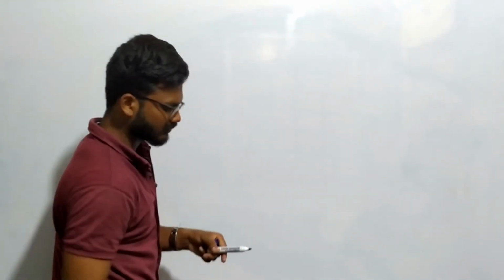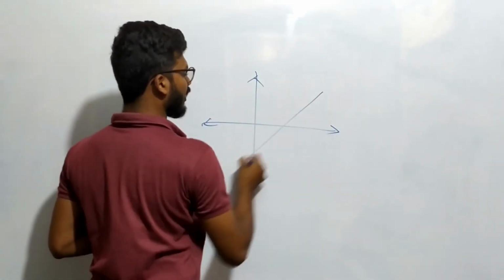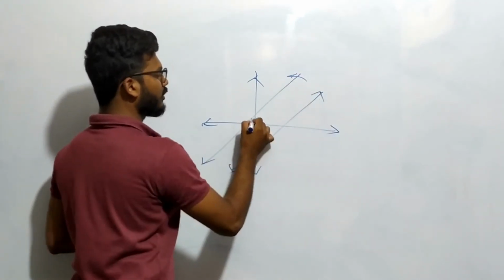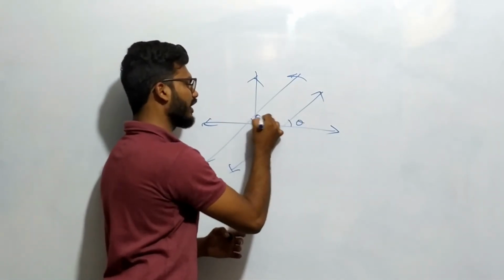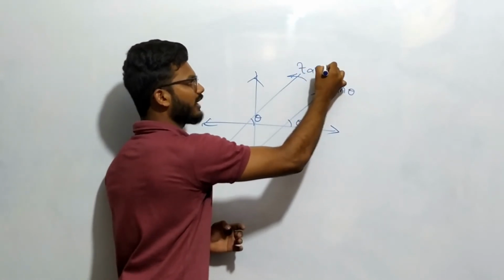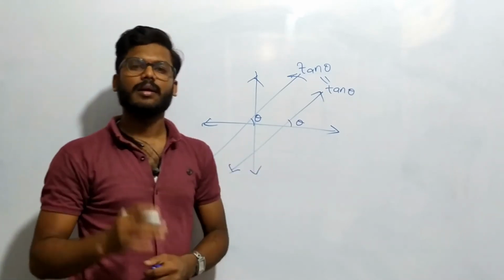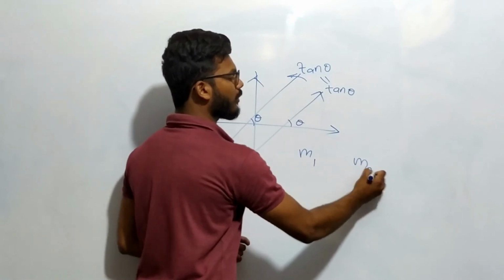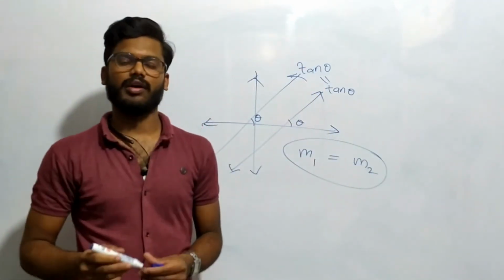See, this is one line and this is another line parallel to it, and these two angles are the same as they are corresponding angles. So if this is theta, this is also theta, then the value of tan theta for both lines is the same, and tan theta is nothing but the slope. So if m1 is the slope of one line and m2 is the slope of another line parallel to it, then they are equal.